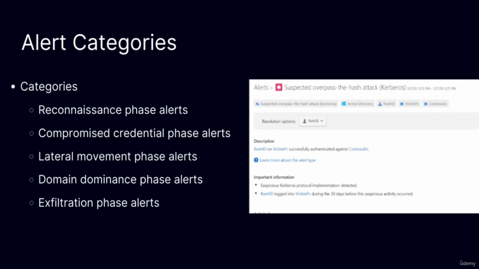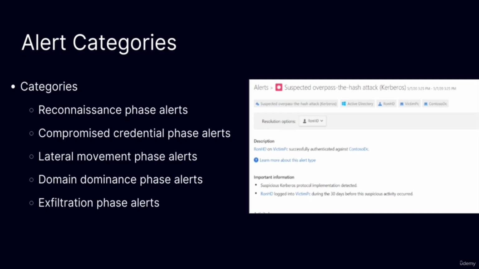So, as we said, Microsoft Defender for Identity will collect alerts, and then it will take those alerts and explain suspicious activities that it detects using the sensors that are already installed in your environment.